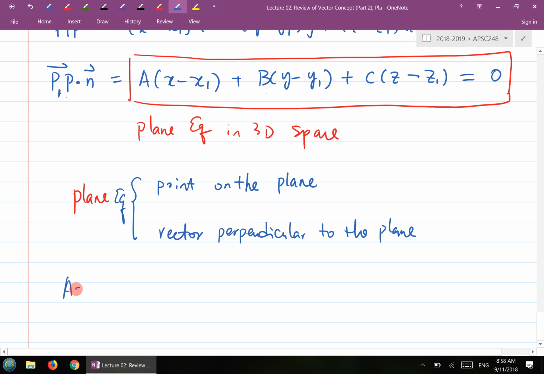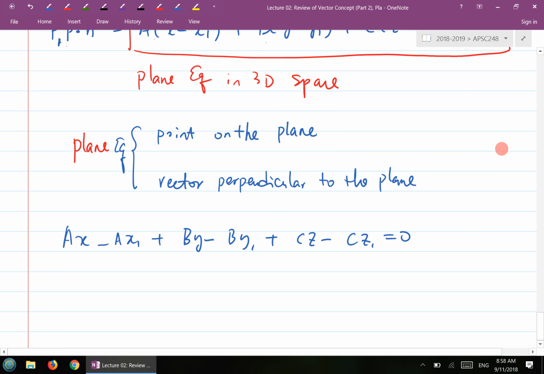Then we get AX minus AX1, BY minus BY1, CZ minus CZ1 equals 0. I'll group similar terms, so that gives AX plus BY plus CZ.